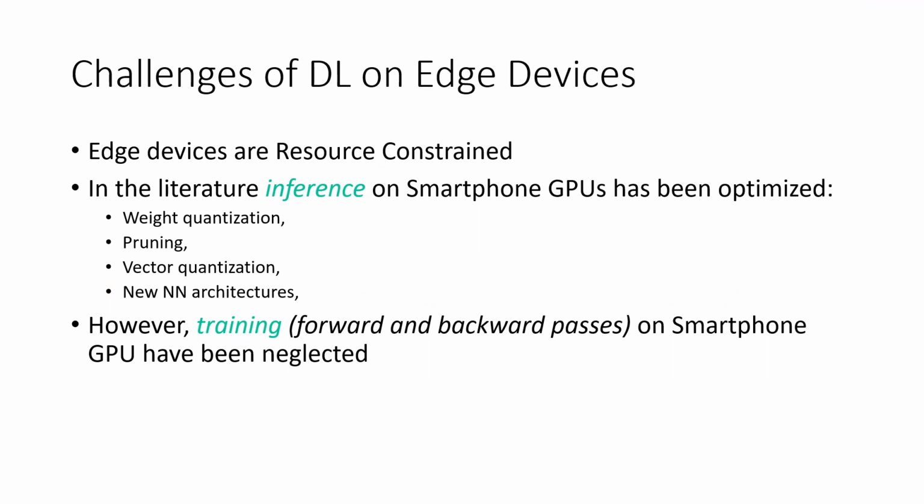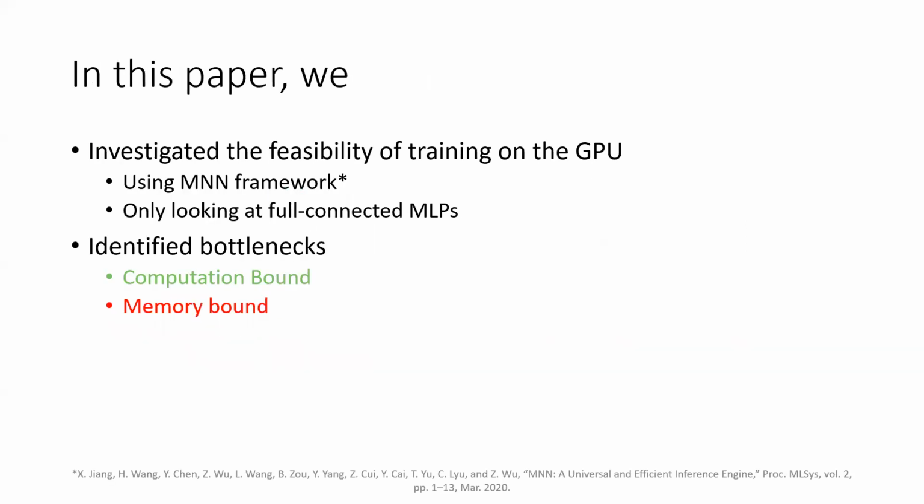However, training on the GPU has been neglected. If training on the GPU were possible, we could leverage the heterogeneous hardware to address the need for personalization. And we could also lower the overall training latency, since the data no longer needs to be shipped up to a server farm for training.